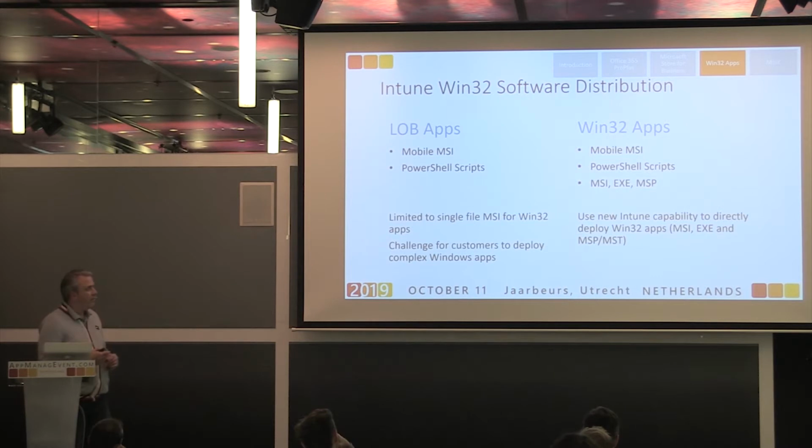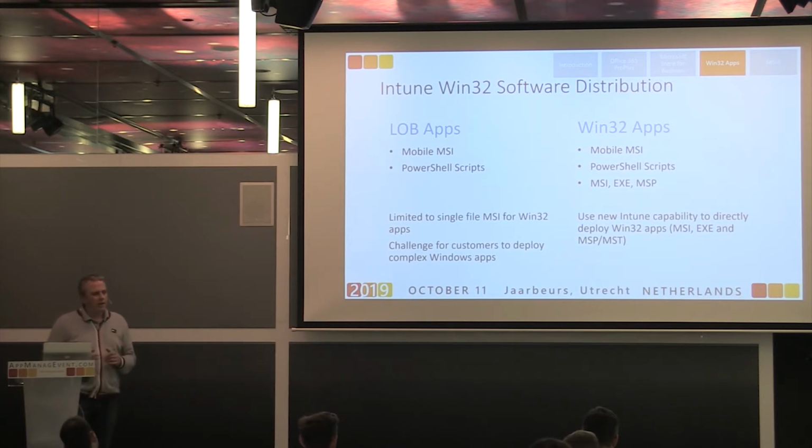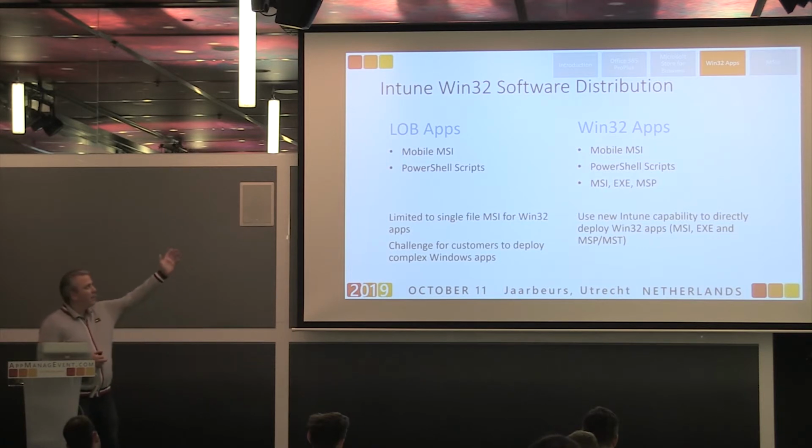But we also talk about maybe PowerShell scripts you want to deploy, executables, updates, etc. So with the Windows 32 apps in Intune, we're able to close the gap, or not completely close the gap, between Config Manager with the app model versus Intune, where we only had the mobile MSI on the left side just a couple of years ago, when we only could deploy single MSI apps, which is useless because you need to repackage every app to one single MSI.